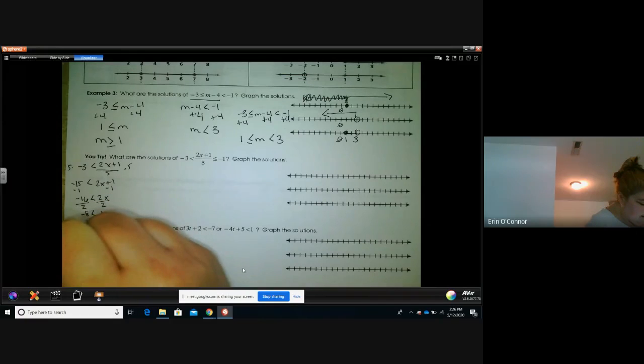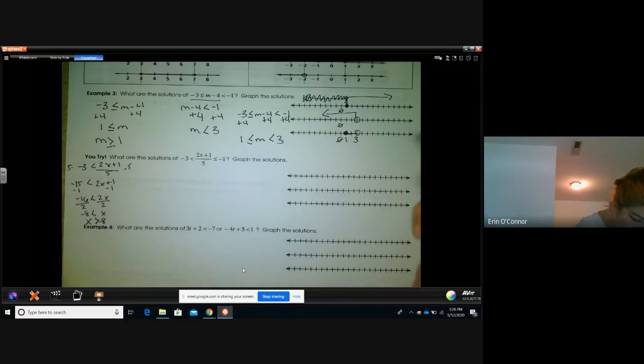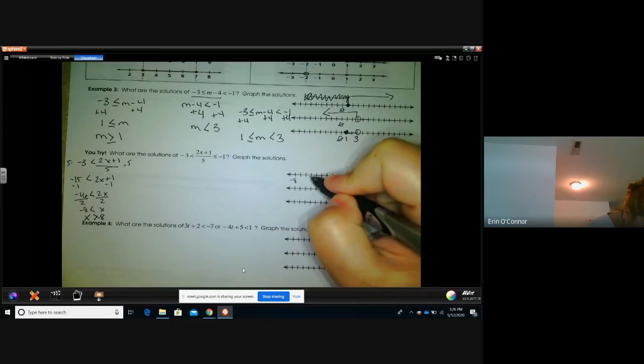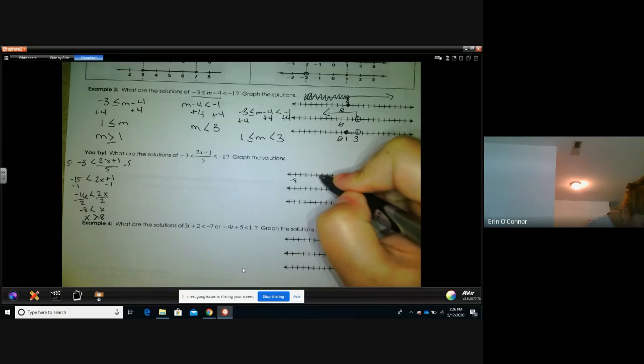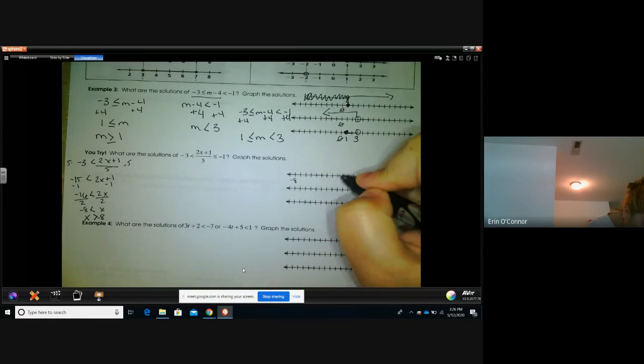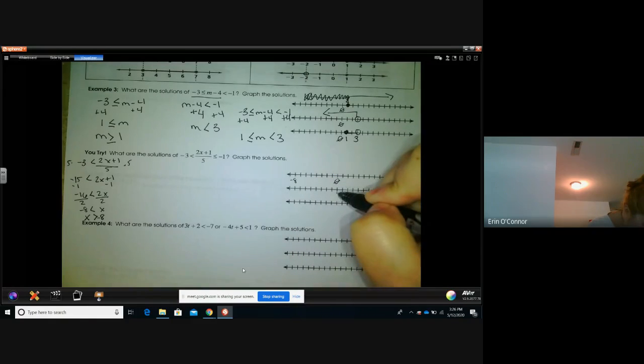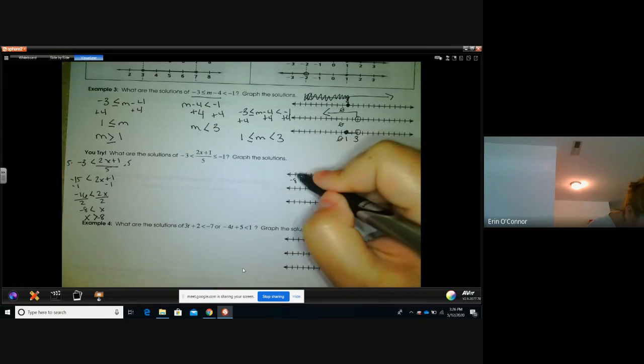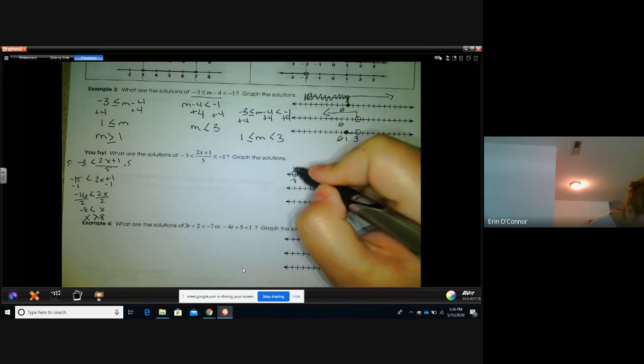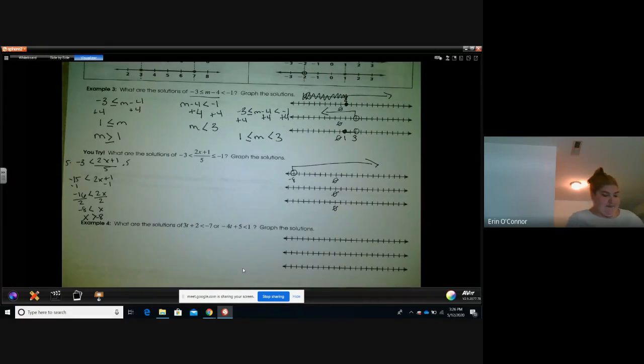When we flip this all around, we get x is greater than negative 8. So let's say this is negative 8, and x is going to be greater than, not equal to, negative 8.